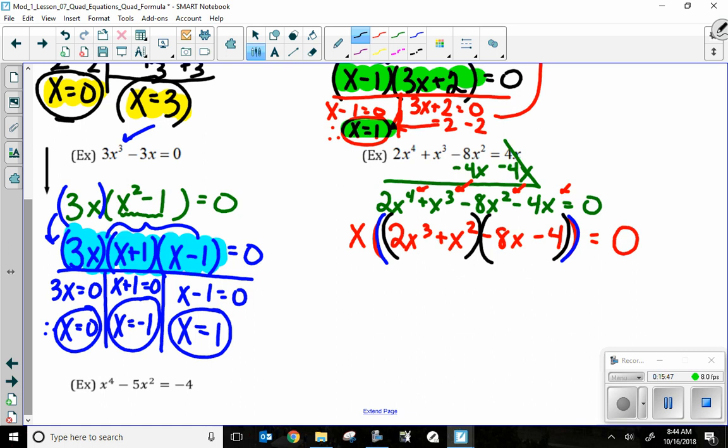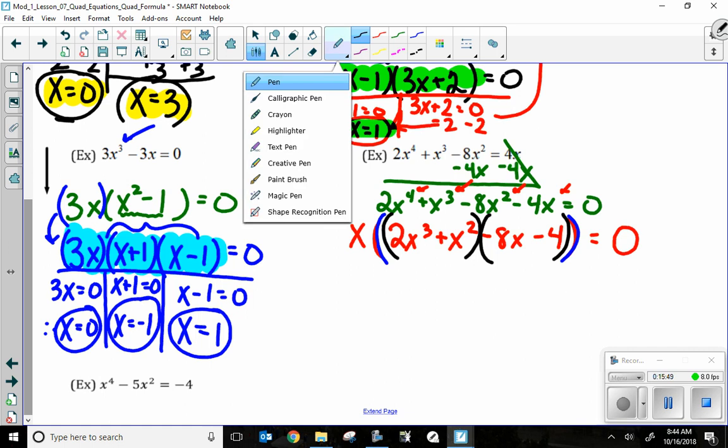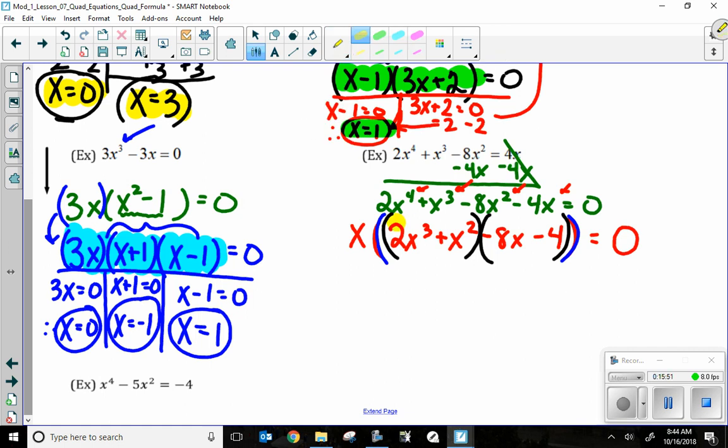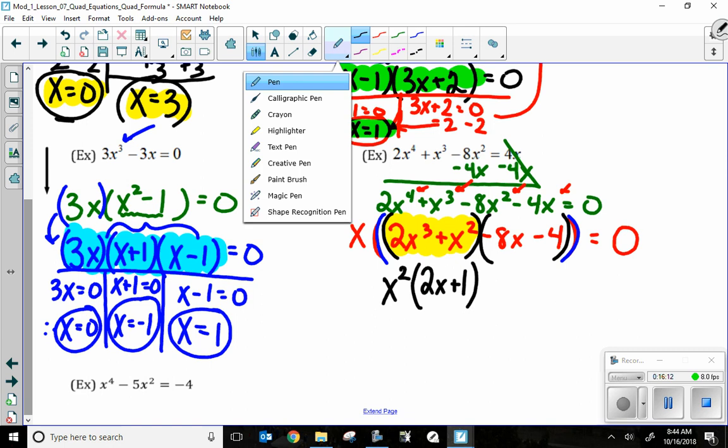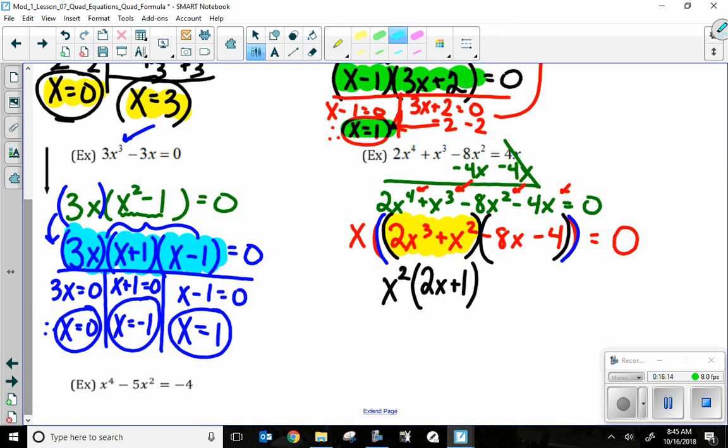So out of this first parenthesis right here, I'm going to take out an x to the power of 2. And what's left? 2x plus 1.